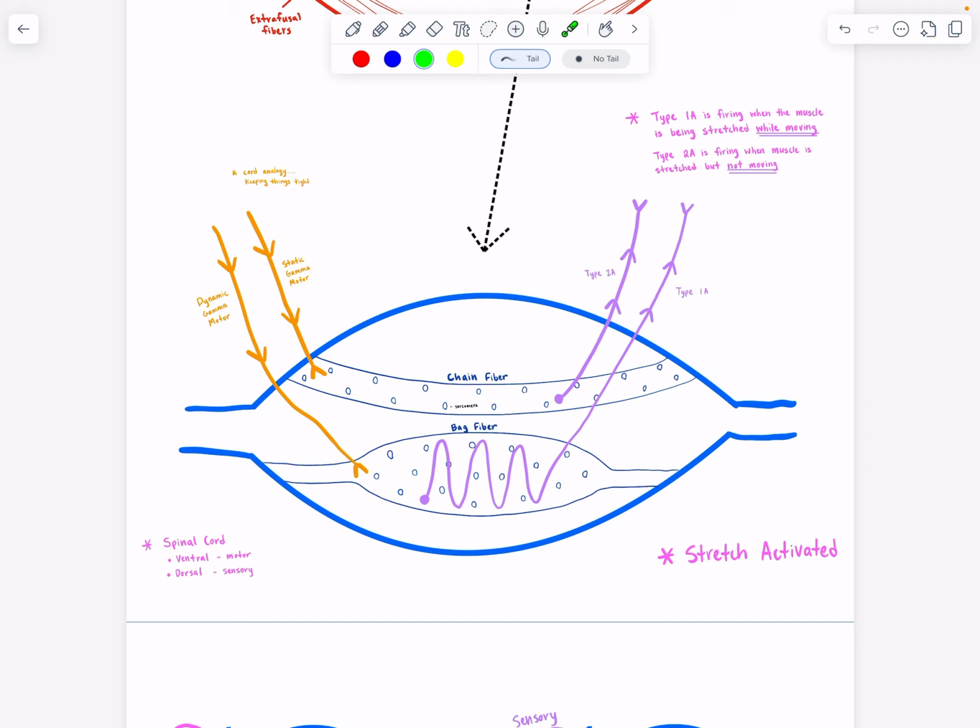Basically, type 1A is activated when the muscle is stretching. So if you stretch your arm out, while your arm is stretching out, that 1A is being activated. And then once you're fully stretched, that 2A is activated. So that's when the muscle is stretched but the bone's not moving.